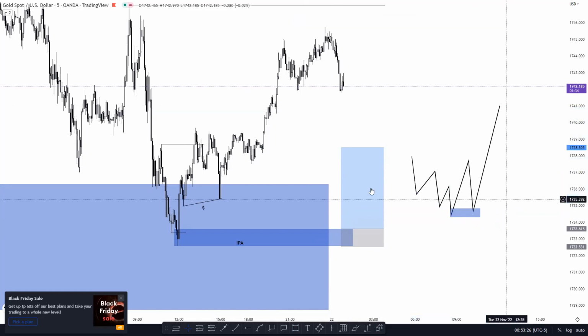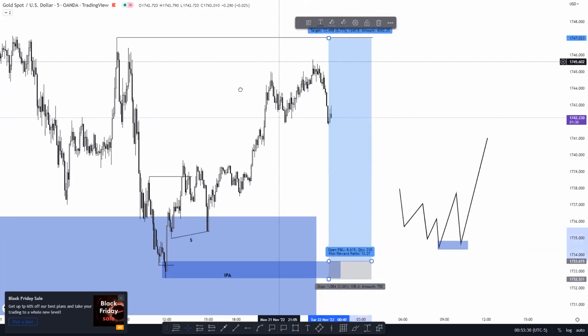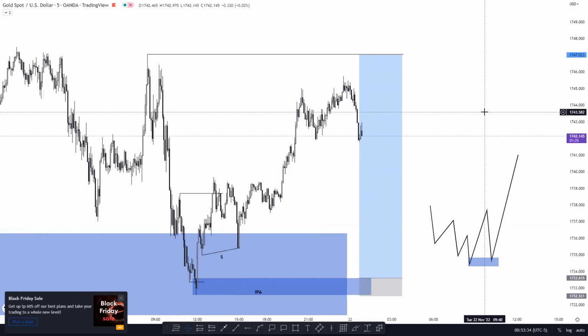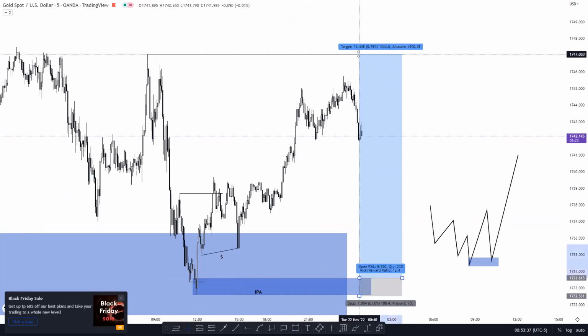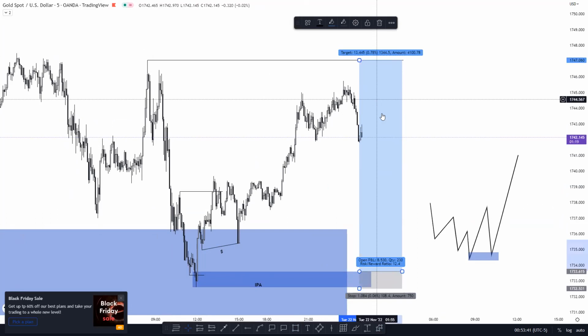Okay, so that is what we will look for. You understand? So yeah, this is how we do it, and we will look for all these equal highs to be taken out as our take profit. So this is a nice 1:12 risk to reward trade.